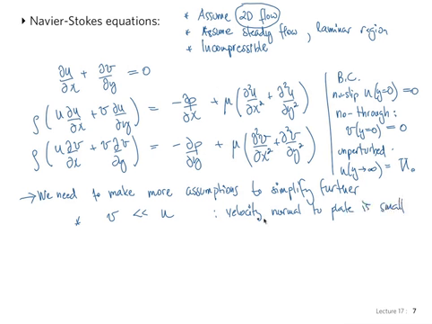We're also going to assume that the variations of everything in the normal direction dominate, in the sense that d dx of whatever is much, much smaller than d dy. So variations normal to the plate dominate.